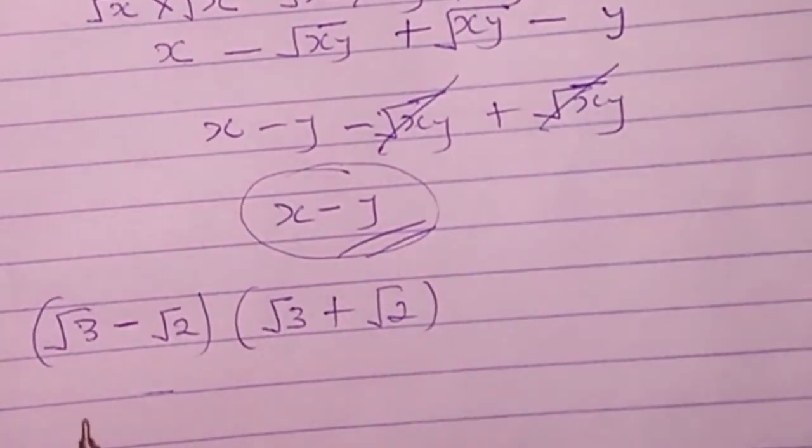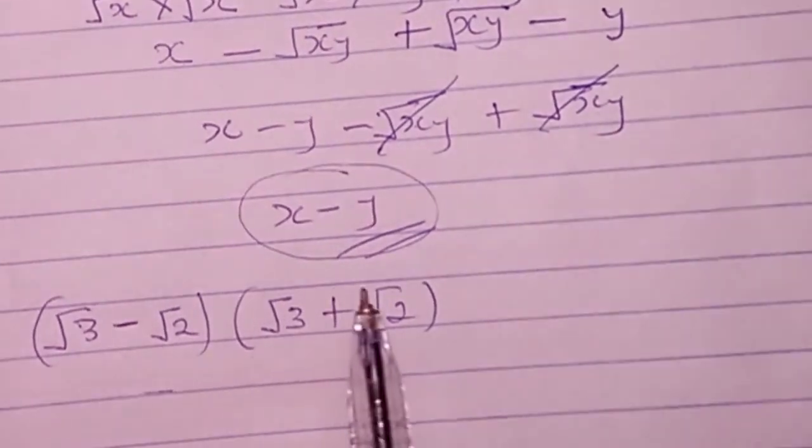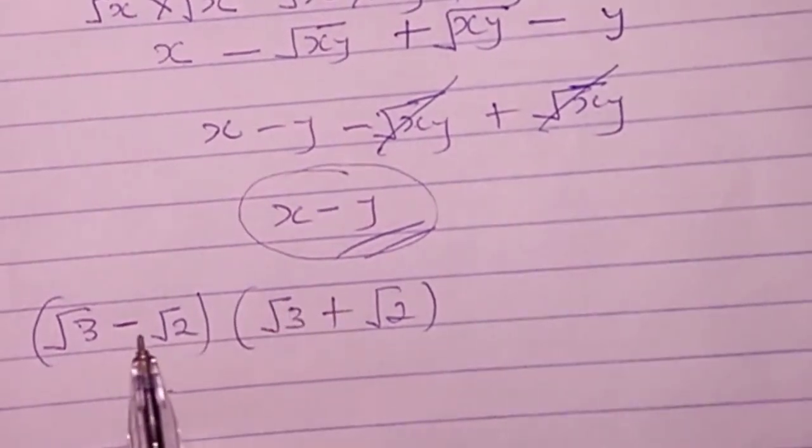If this gives us a rational number, it means that these two surds are conjugates of each other. This is going to be a conjugate of this, and this is going to be a conjugate of this, if their product results in a rational number.